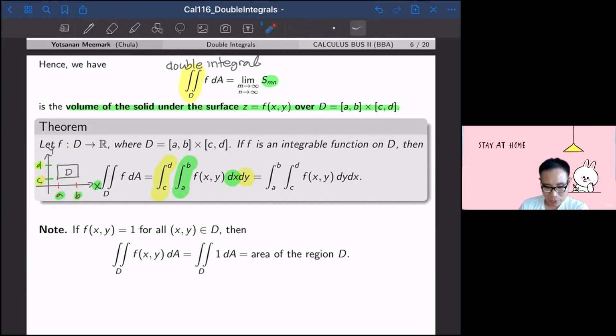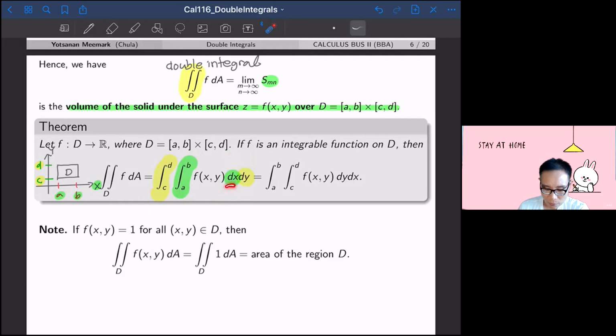So in this case, you have the integral from A to B of f(x,y) dx inside, and the integral from C to D of f(x,y) dy also inside. However, the thing you have to see is that it looks like putting parentheses, and the colors correspond.